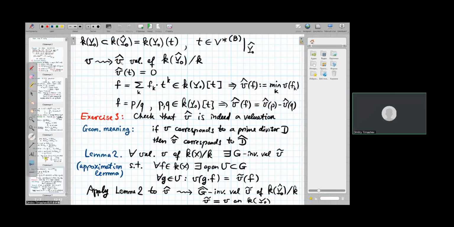Yeah. I just want to ask about the valuation. The modification of the valuation to a G invariant one is not a problem. Yeah. Well, maybe I should formulate this kind of technical lemmas in a more rigorous way to specify exactly which kind of field extensions we may consider here and so on. But why I didn't do this at that point?